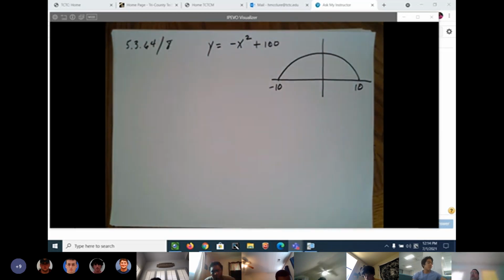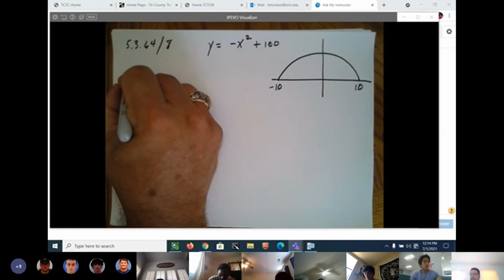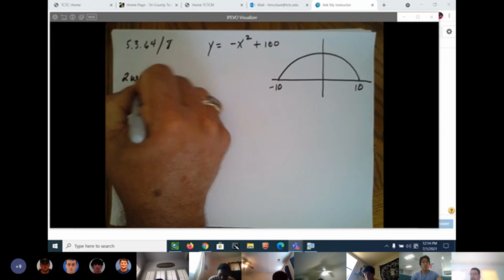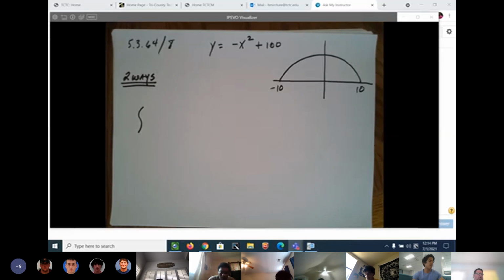What section are we on in calculus right now? Finding the area under a curve. So we're going to set this up as a definite integral. Now there's two ways to set this up. Can somebody tell me what the two ways are?